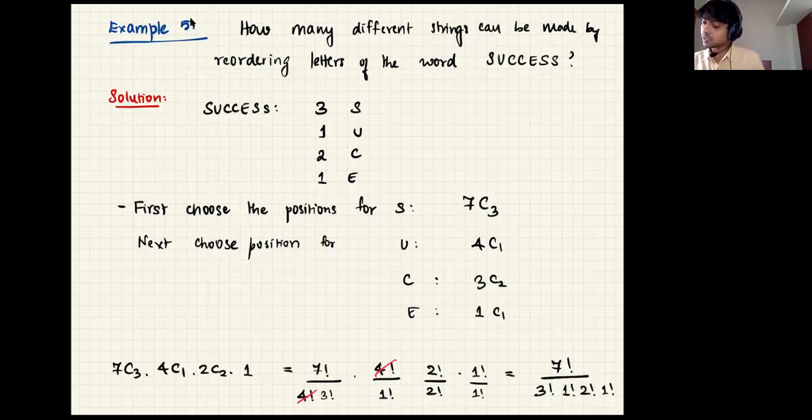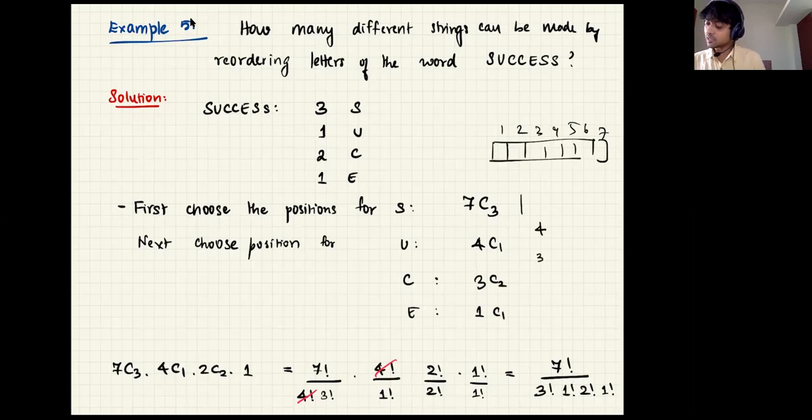One second, did I make a mistake here? Wait. 1, 2, 3, 4, 5, 6, 7. First I choose 3 positions for S, so I'm left with 4 positions, and from 4 positions I choose 1 position for U, which leaves me 3 positions.